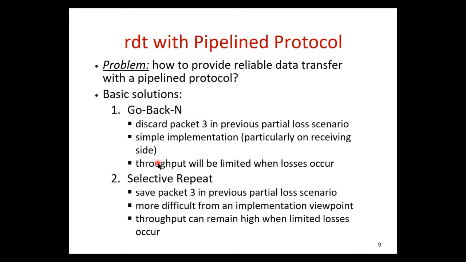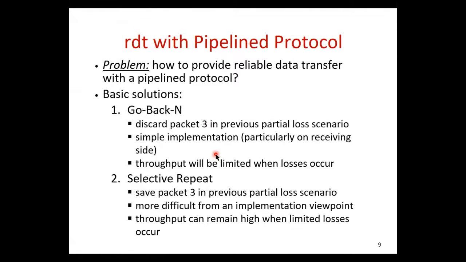Given that, we end up with 2 basic approaches. One is called go back N, the other one is selective repeat. In go back N, we choose simplicity, which means the receiver will discard packet 3 in the previous example. Any packet that is received out of order or with a gap will be discarded. The advantage is a simple implementation, but the disadvantage is that if we discard packet 3, we know that eventually packet 3 will have to be retransmitted.